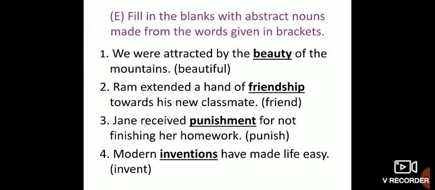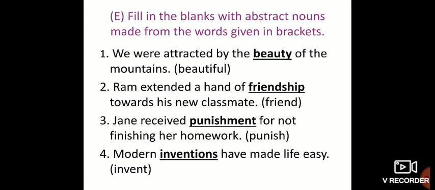All dash was lost between the two neighbors, and here the word is bitter. 7th, his dash at the school party made all friends sad. So here the word is absent. Geeta's dash held her back from participating in the debate. So here the word is shy.